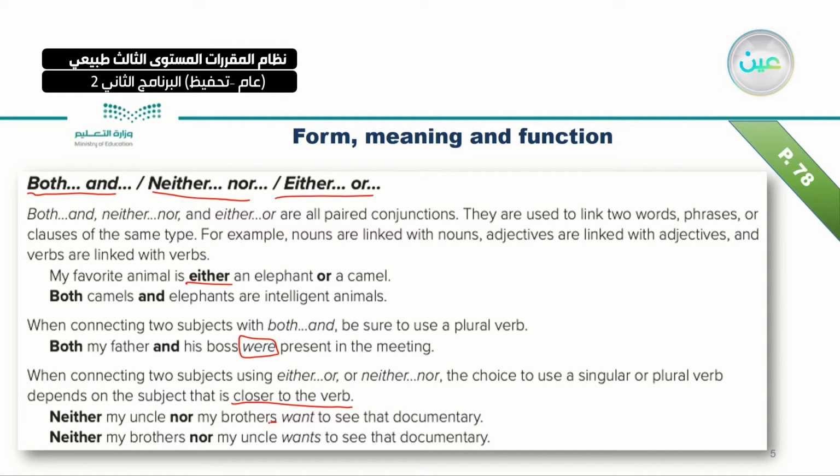So what did I use here, a singular verb or a plural one? I used the plural. So here, neither my uncle nor my brothers. What about neither my brothers nor my uncle here? When I'm talking about this one, the closer subject is singular, so the verb should be singular too, like wants to see that documentary. Okay, very good.